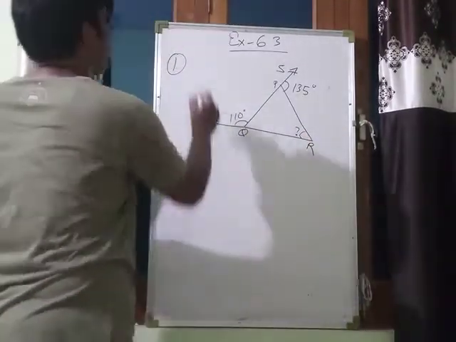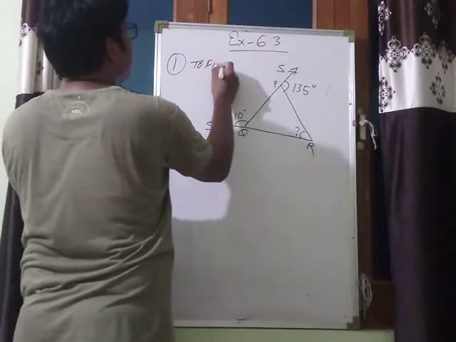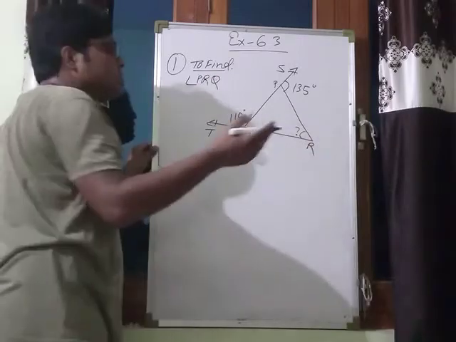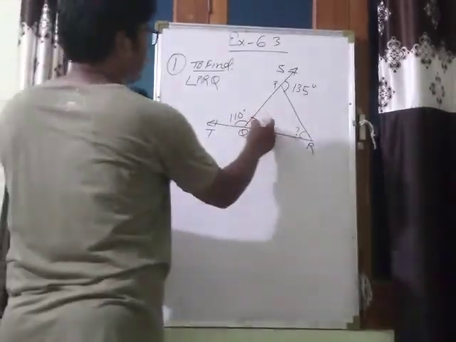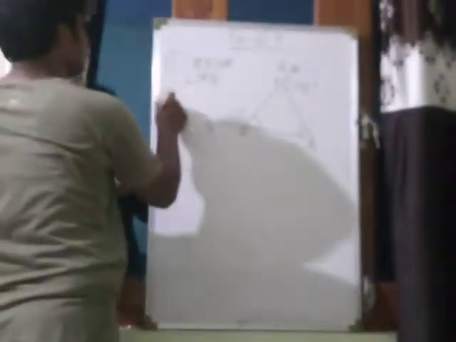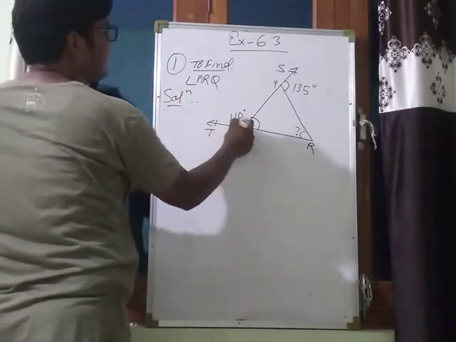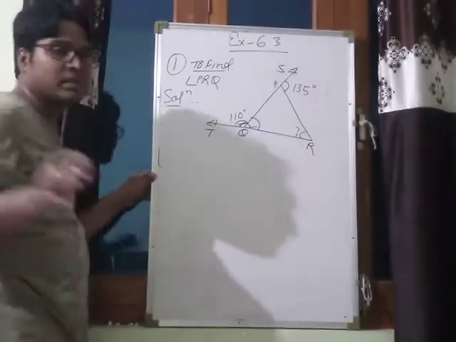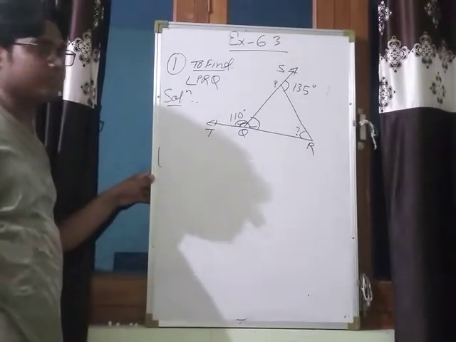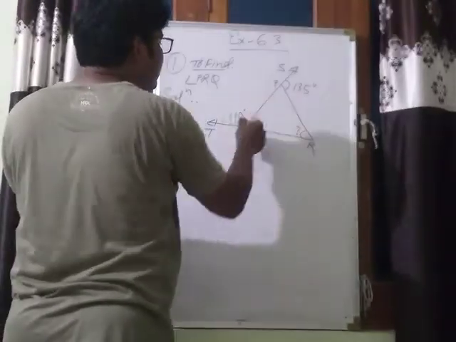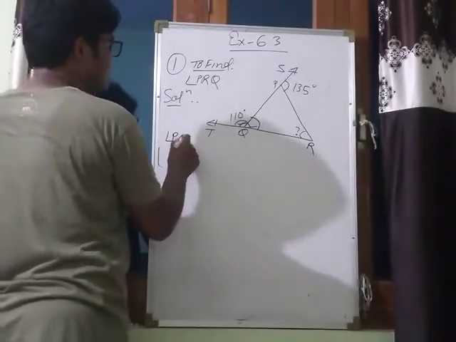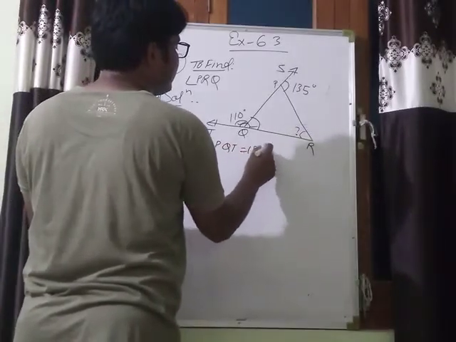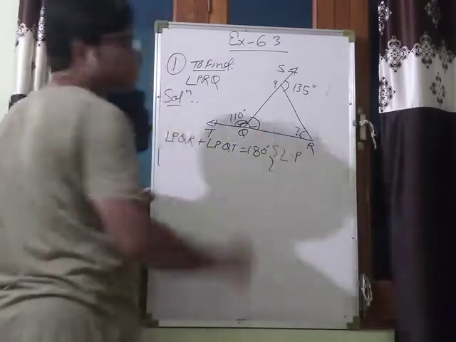To find angle PRQ, very easy. Find out this angle first. See its solution. What is the sum of this one and this one? They form a linear pair, so their sum will be equal to 180 degrees. So angle PQR plus angle PQT equal to 180 degrees because they form a linear pair.